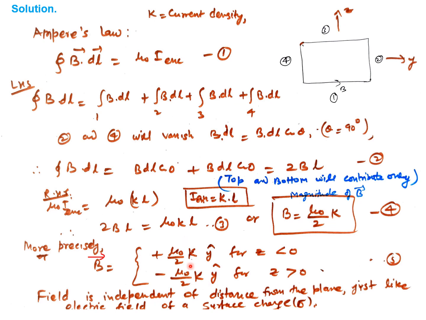So we can see from this expression that the field is independent of the distance from the plane, just like the electric field due to a sheet of surface charge sigma that we have seen in electrostatics, where the electric field was sigma by 2 epsilon naught, which also does not depend on the distance.